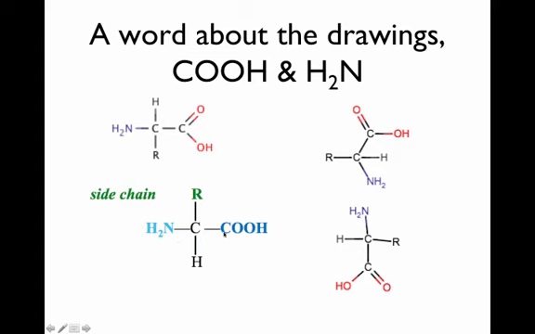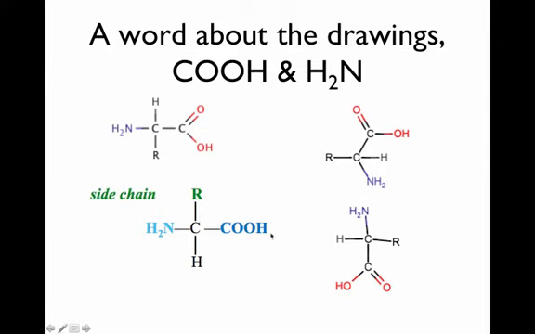COOH is chemistry shorthand for a carboxylic acid group. So if you didn't know any better and you came across COOH in a textbook, you might not know what it means, but chemists and biologists have agreed that writing the atoms in this order, COOH, is shorthand for a carboxylic acid group.